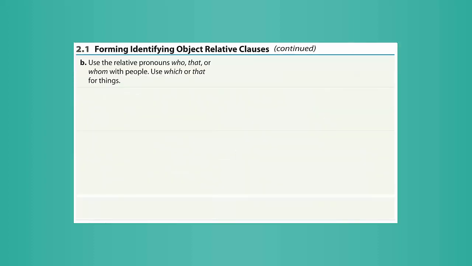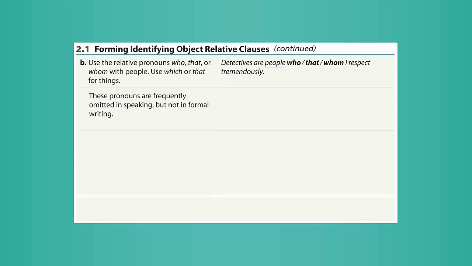And remember to use the relative pronouns who, that, or whom with people, and we can use which or that for things. For example, we have: detectives are people who, that, whom I respect tremendously. These pronouns are frequently omitted in speaking but not in formal writing.